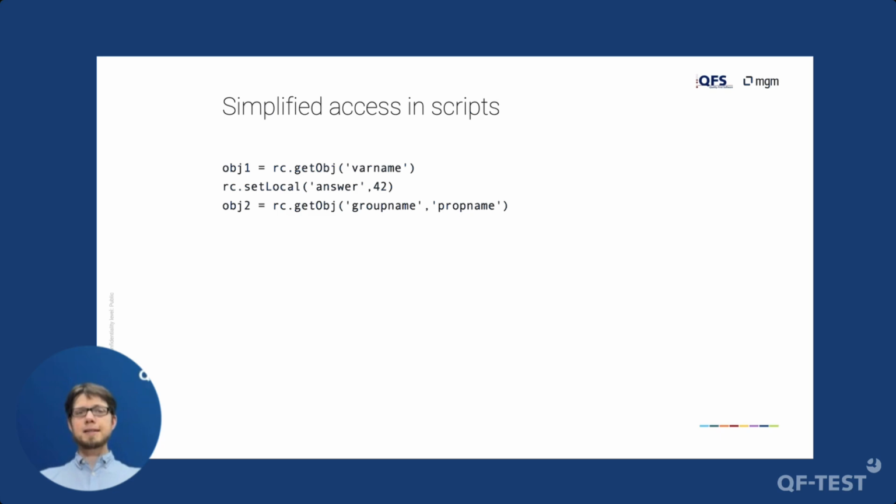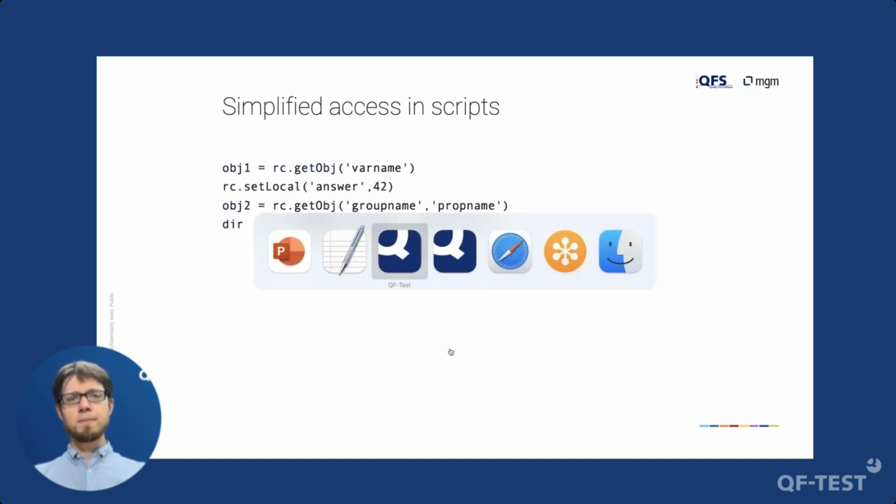We could also get a variable from a group in QFTest with this two parameter form where we say the group name first and then the property name. This is the same as for get string and for get int, get num, get bool, etc. We can also get those from special groups like the special group QFTest. But here something is interesting.